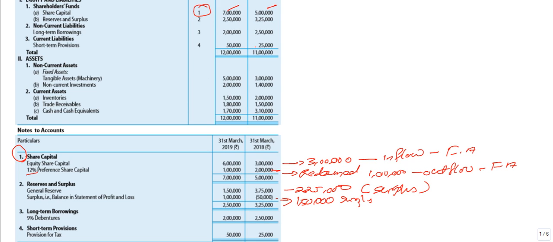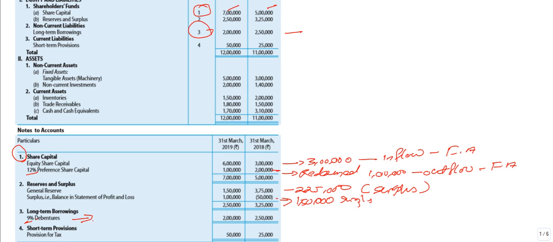Next, we come to long-term borrowings in our balance sheet. How much are the long-term borrowings? 2,50,000 and 2 lakh. But the note number is there, so we are going to note number 3. That is a 9% debenture. This 9% is the interest rate. We have to calculate 9% interest, and this 9% interest we paid, not dividend.